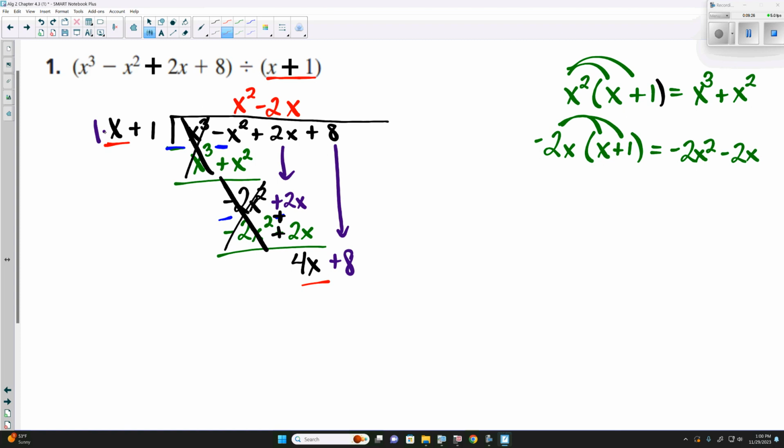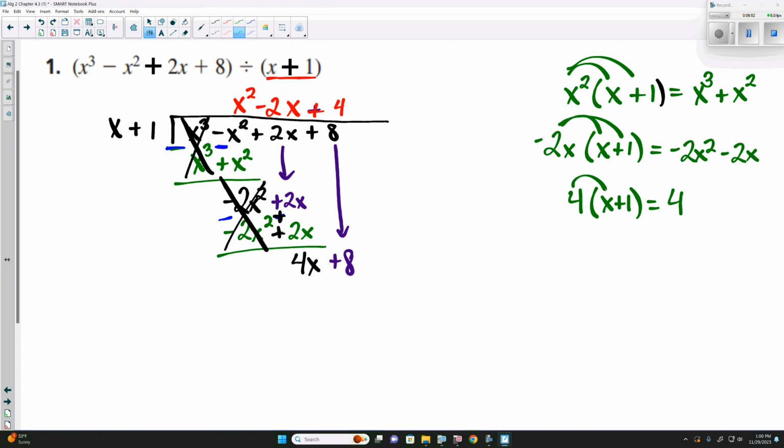What times 1 is 4? So it'll just be plus 4. And we're going to multiply through by 4 this time. So we're going to say 4 times x plus 1.